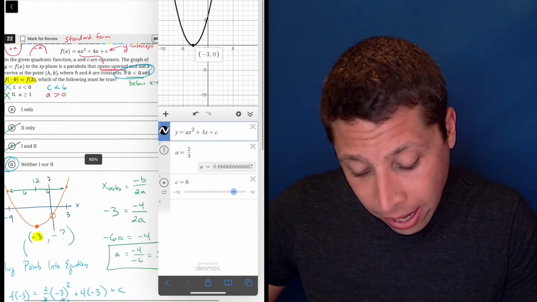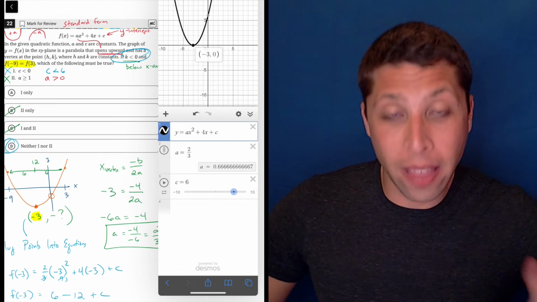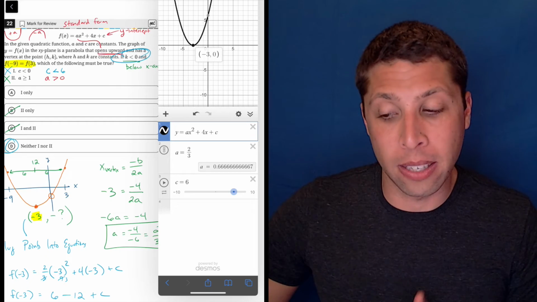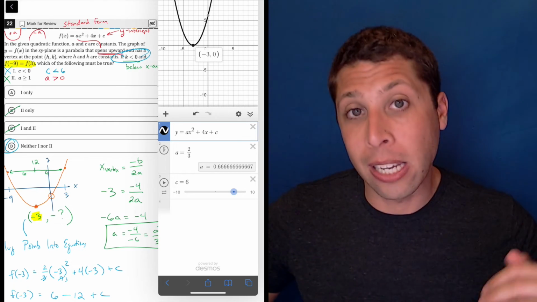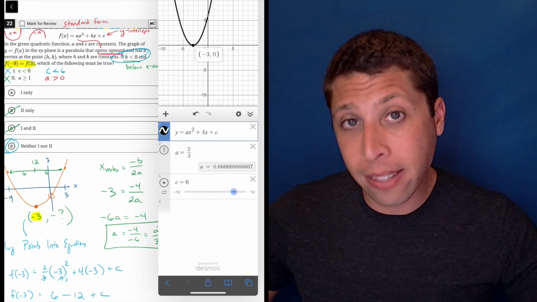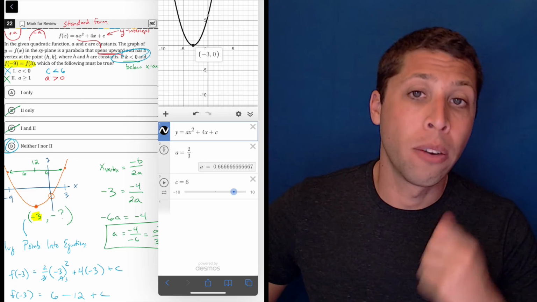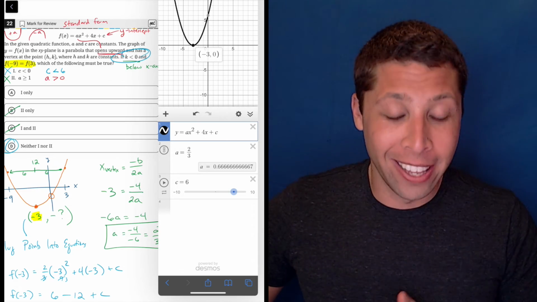So that would not satisfy the k being less than 0, the y-coordinate being less than 0. So that's why that inequality before was so helpful, it gave us the whole range of possibilities. So the y-intercept, the c, can go up, but only to a certain point before it crosses the x-axis, and now we have a positive value for the y-coordinate of the vertex, and that would break the rules.